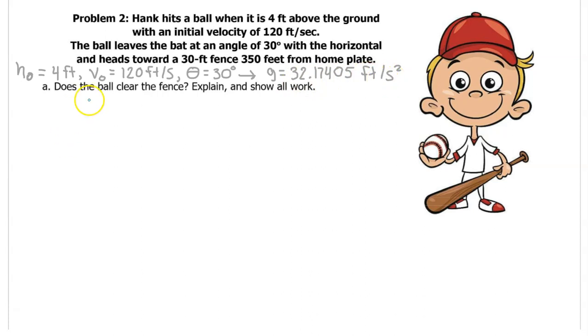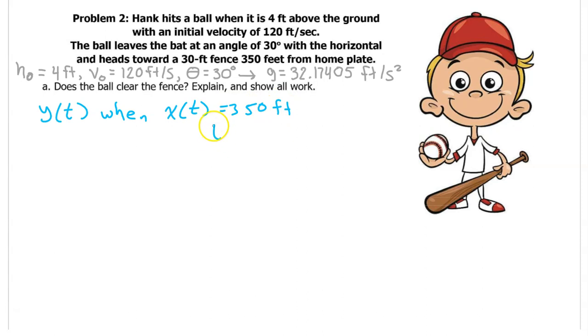Part A. Does the ball clear the fence? Well, we know the fence is 30 feet high, so we're going to need to find the vertical position of the ball, y of t, and see if it is bigger than 30 feet. The fence is 350 feet from home plate, so we need to find the vertical position when the horizontal position is 350 feet.